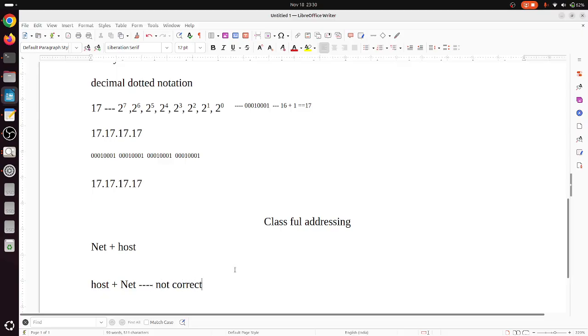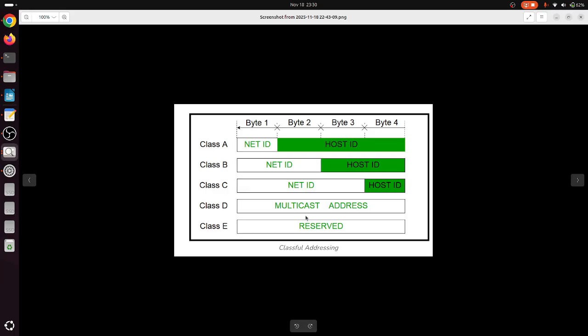The first part gives the information about the network ID, and the second part gives the information about the host. At least one socket should give the information about the network number, and the rest of the sockets can give the information about the host.